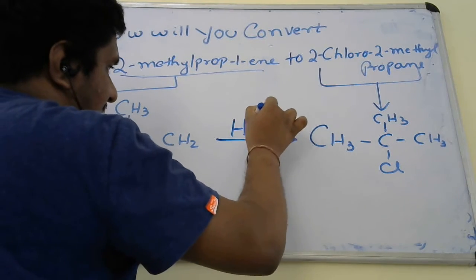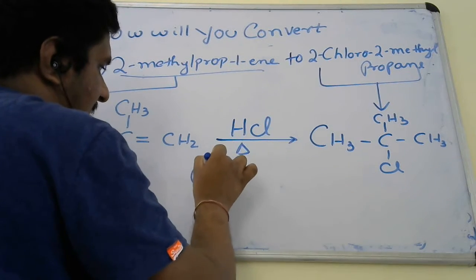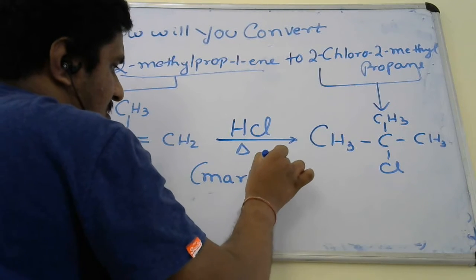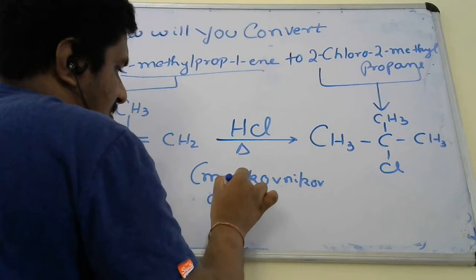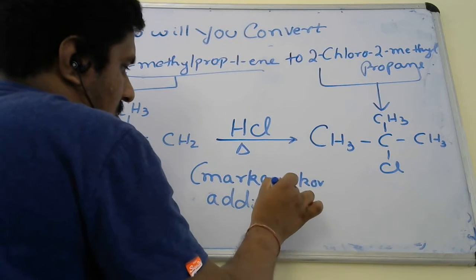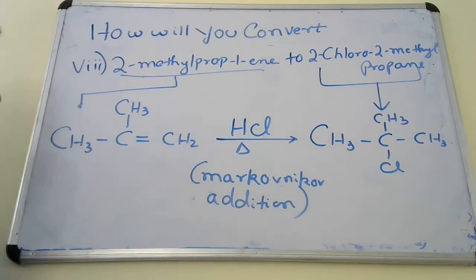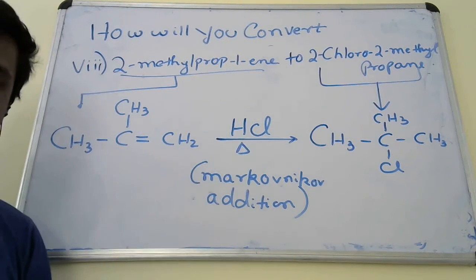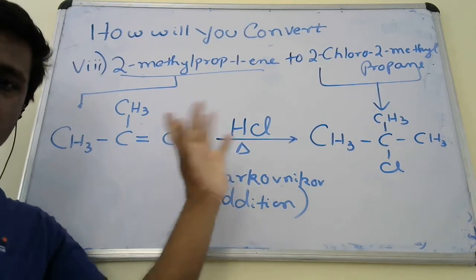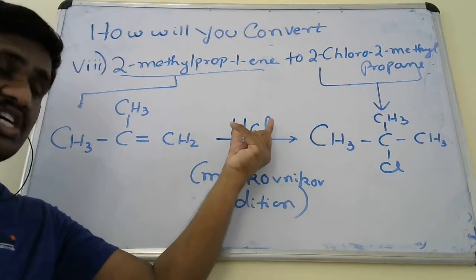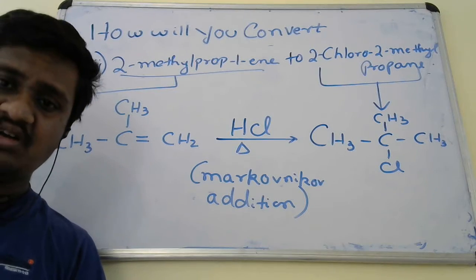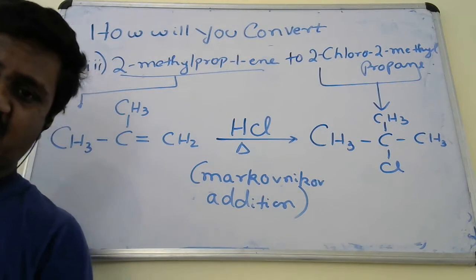You give HCl. This is Markovnikov addition. When a double bond is treated with a halogen acid, halogen acid means what? HCl, HBr, HI.